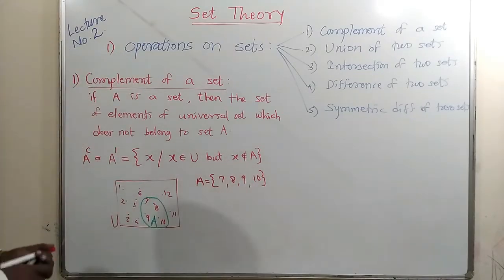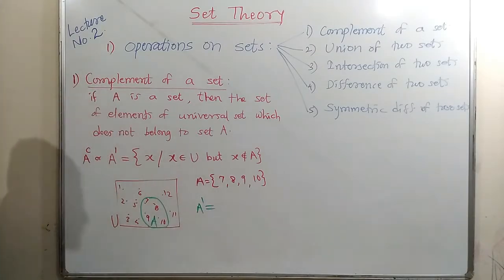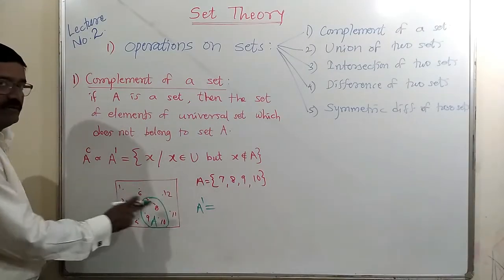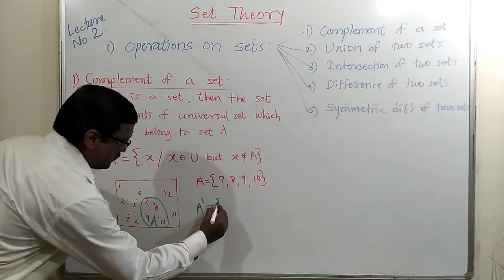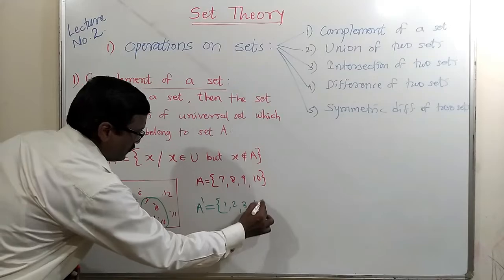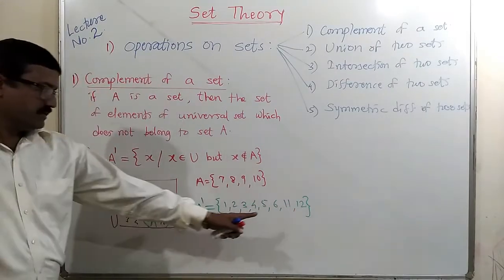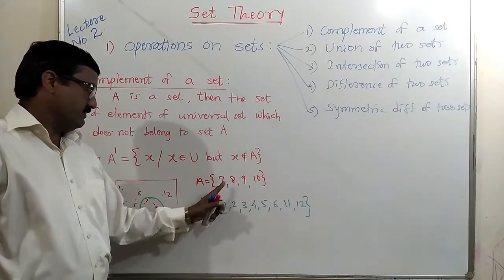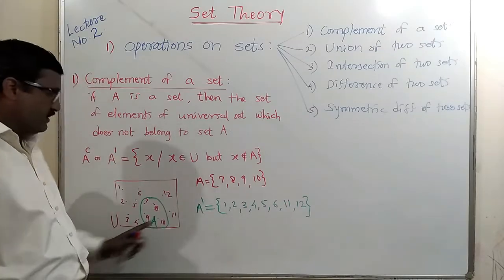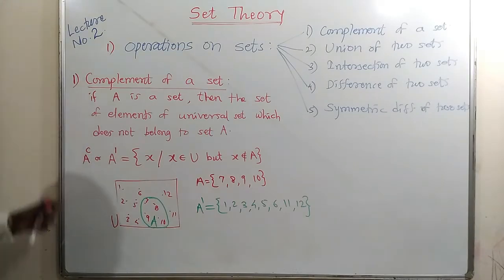So A complement means a set which does not contain any element of set A, but it contains the remaining elements in the universal set. So it contains elements 1, 2, 3, 4, 5, 6, 11, 12, because 7, 8, 9, 10 belong to A. So A complement contains the elements in U which are not in A. Okay, that is the complement of set.